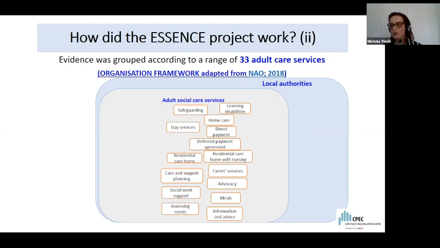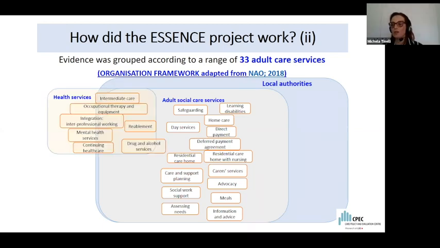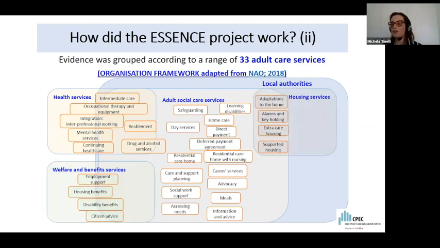So we tried to cover them all as much as we could, depending on the evidence available, of course, but we also tried to link to the interface of health services, welfare, housing, and leisure and well-being. So this is the complete map of interventions that we tried to cover, as I said, as part of Essence. And this sort of map is available on the website.